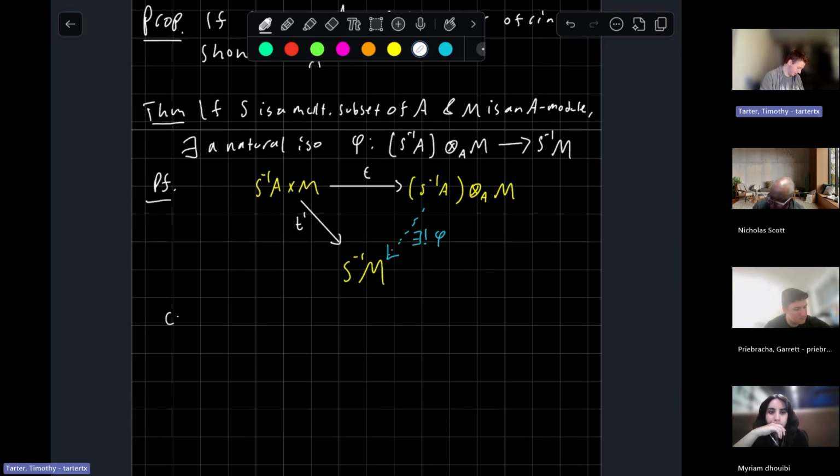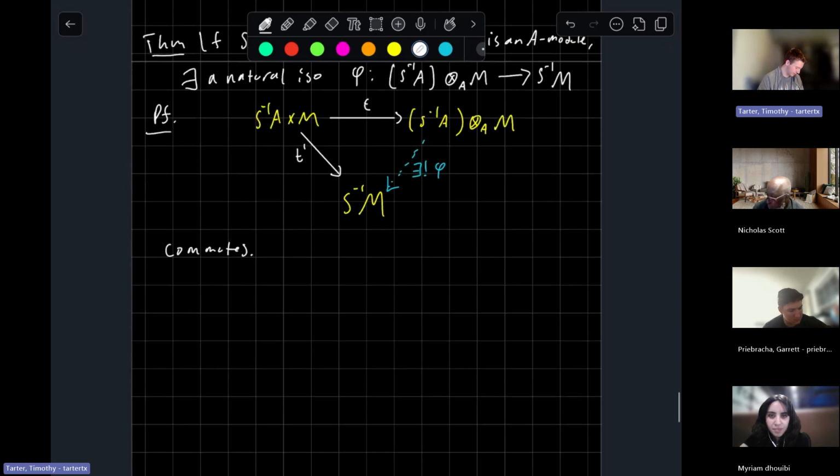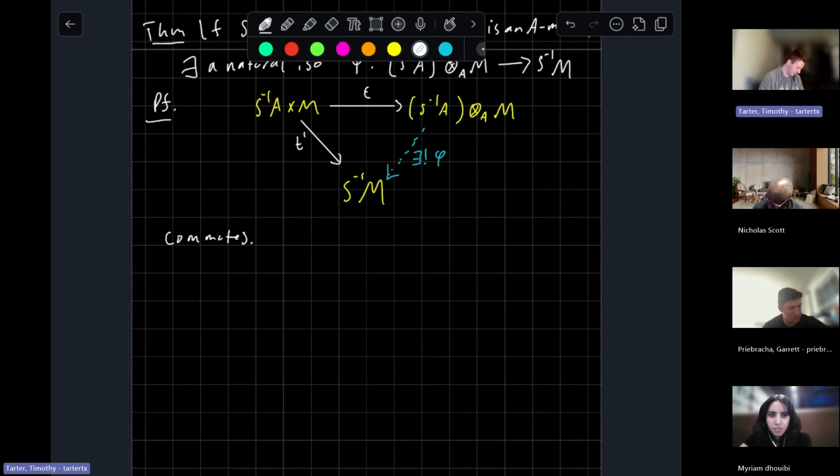Proof. This diagram commutes. No, I will not elaborate. No, I mean, we probably should compute it, actually. But yeah, okay, so we just need to throw something in S inverse A cross M. So I guess this is really a want to show that this commutes.